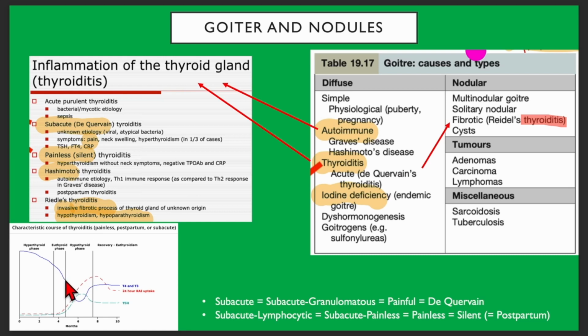Then the gland is destroyed a bit, so it's a hypothyroid phase, and then it comes back to recovery, euthyroidism. So these two subacute ones always end up in recovery. That's why they're called subacute or transient. The other ones, if not treated, may continue on to become basically hypothyroidism or hyperthyroidism, depending on the disease.